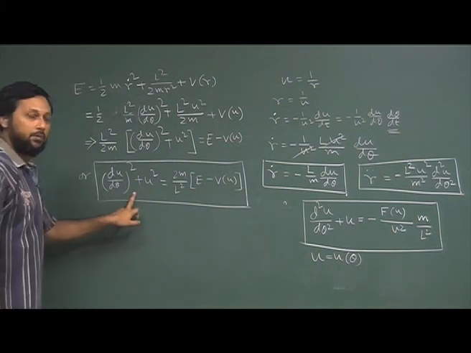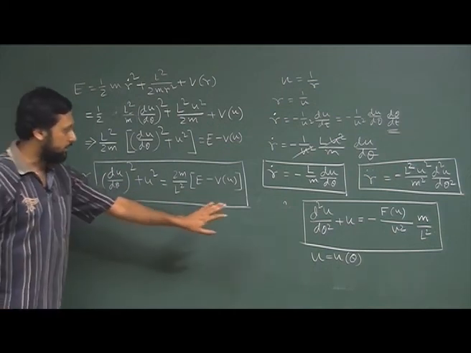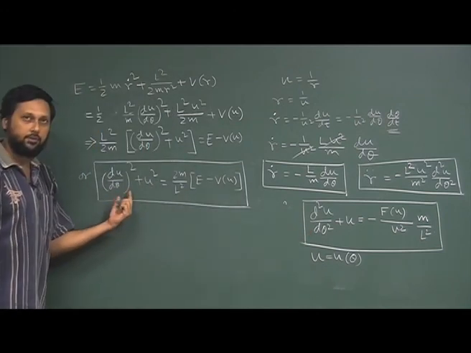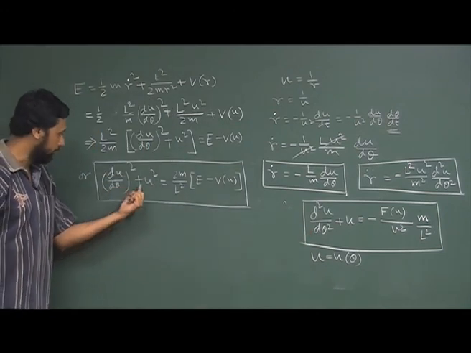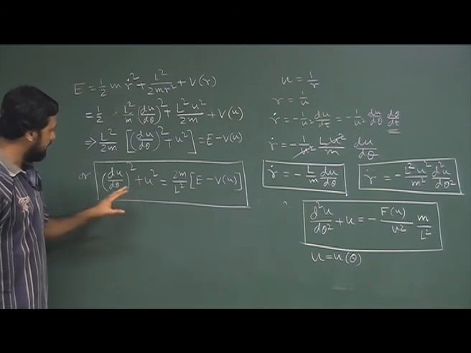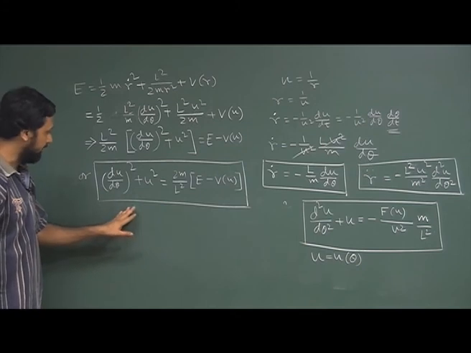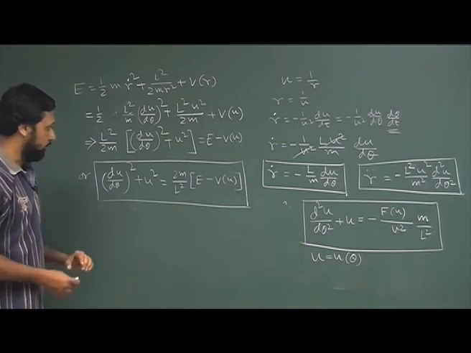So, this is another equation: the earlier one is a second order homogeneous differential equation, and this is a first order inhomogeneous differential equation, because we have a du d theta whole square. But this is also useful for certain cases, we will see that soon.